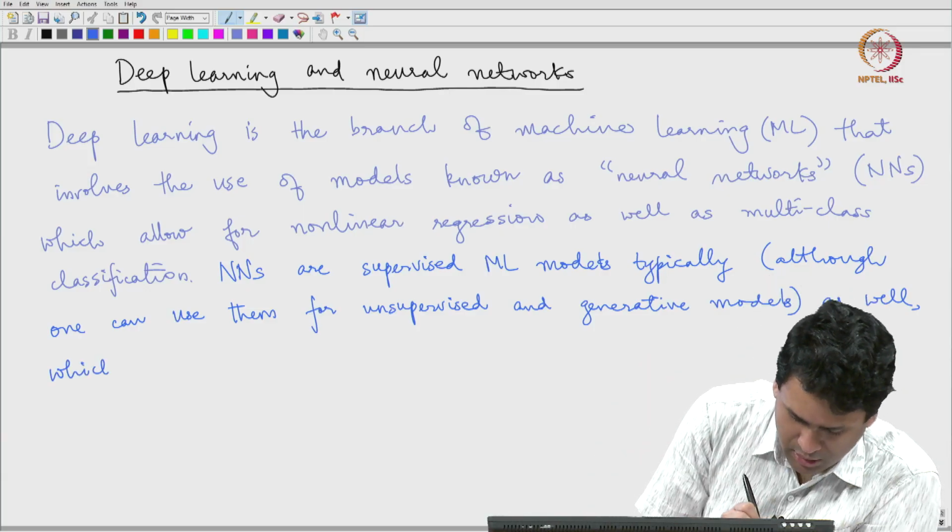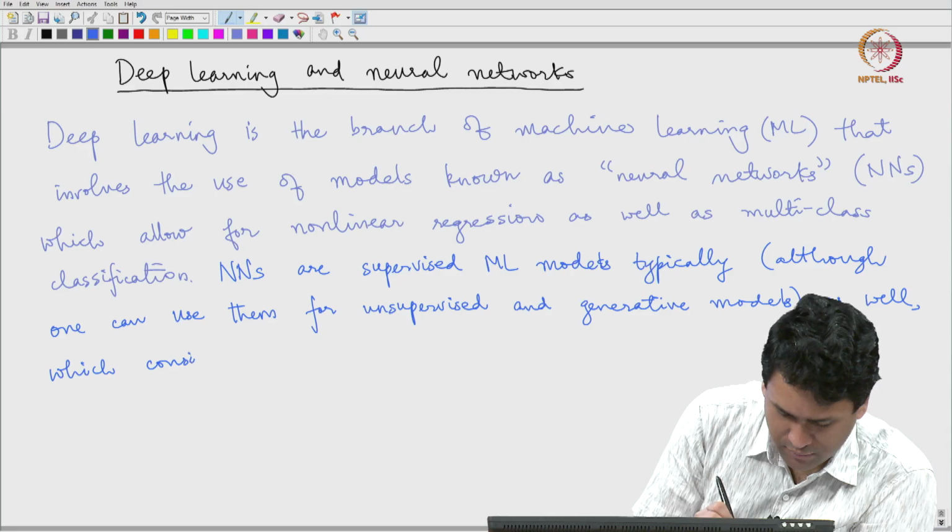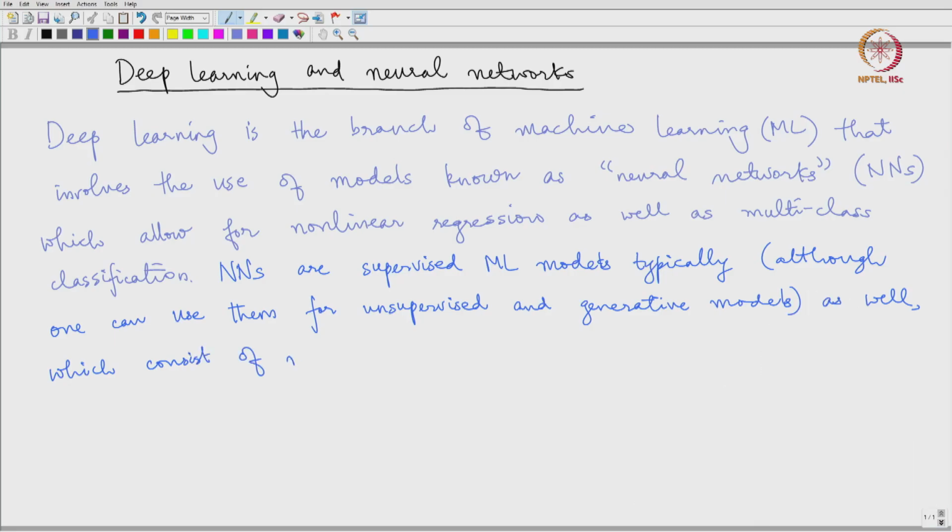Okay, which consist of multiple nodes arranged into several layers, leading to a final prediction.